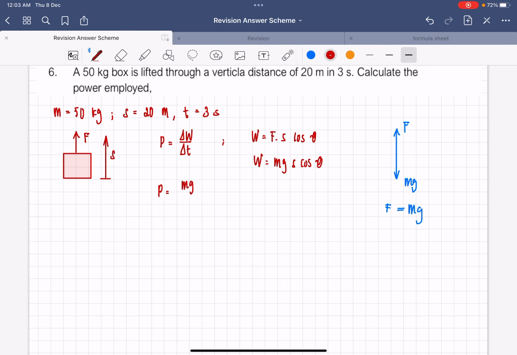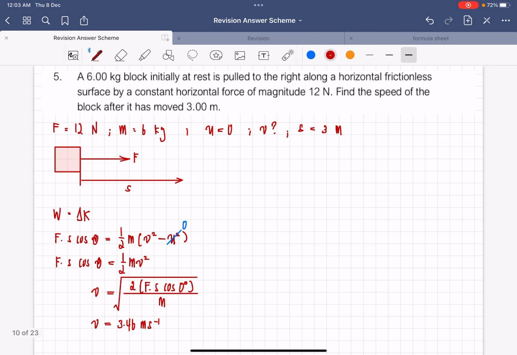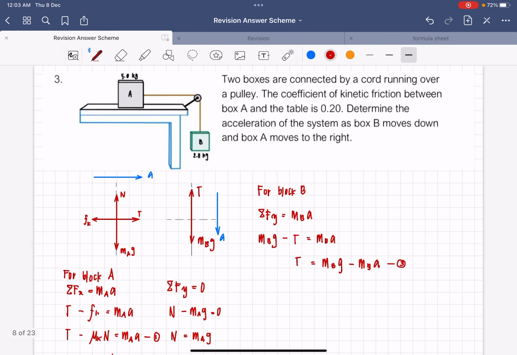So mg s cos, again 0 degree because they are parallel to each other, and t is equal to 3 seconds. So m is 50 kilograms, 9.81 times the displacement, which is 20, cos 0 degree, divide by 3. So you will get the power to be equal to 3,270 watt. All right, so that is for question number 5 and number 6 of chapter 3 and 4.